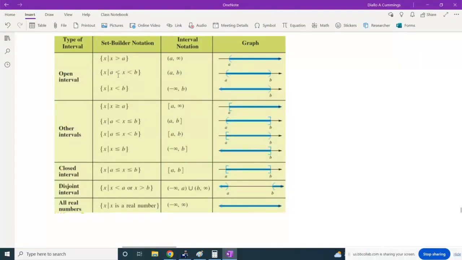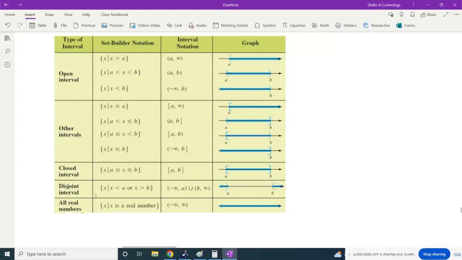This is read as a is less than x is less than b. That means that the value for x has to be in between a and b. And then we have this last open interval that says x is less than b. You can write that as negative infinity comma b.